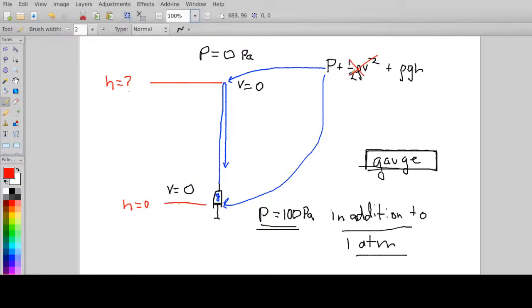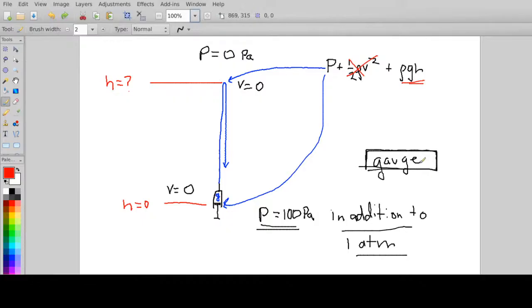In both places, top and bottom, we don't have to worry about the kinetic energy part. So what part do we have to worry about? Just this, the rho GH. H down here is 0 because we chose it to be 0 there, and H at the top is the unknown, so we'll be able to solve for H. So in this problem you've got three terms: pressure, kinetic energy density, and potential energy density.